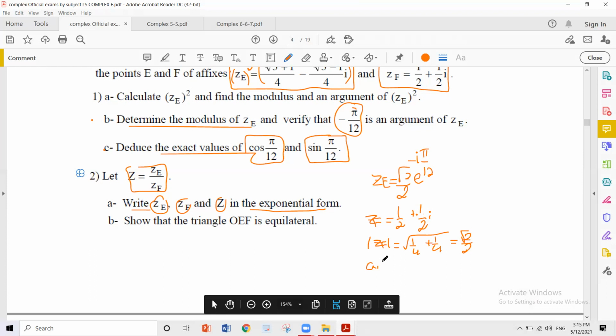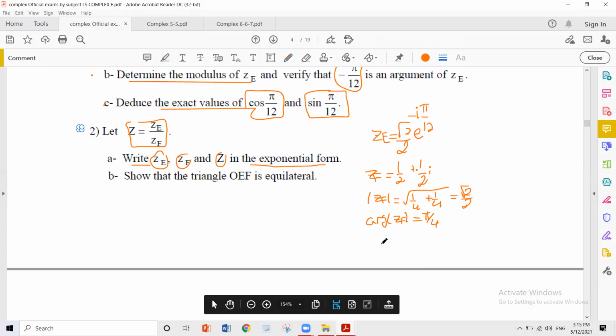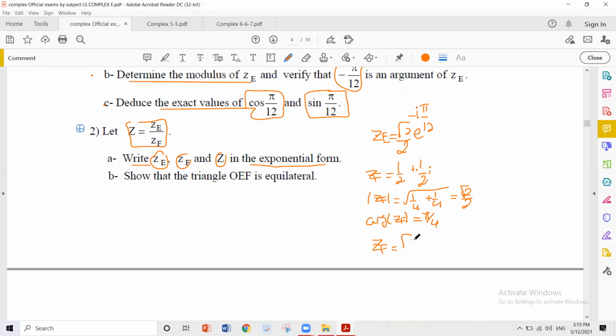Argument of ZF by using the calculator equal pi over 4. So ZF equals radical 2 over 2 EI pi over 4.